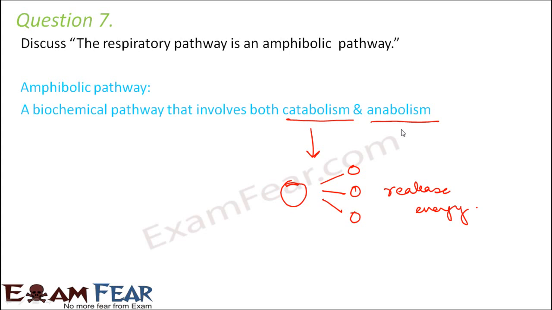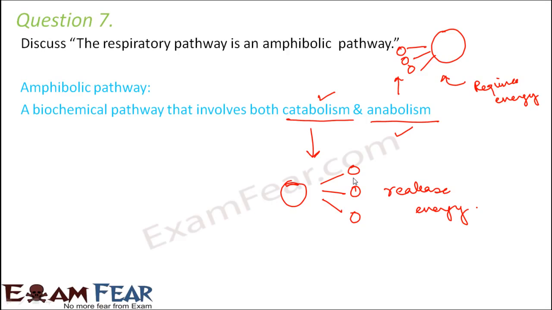When I say anabolism, I mean many small molecules coming together to form a bigger molecule, and in order for this to take place, it requires energy. It doesn't release energy, but it requires energy. So if there is any process where both catabolic as well as anabolic reactions are taking place, that is known as an amphibolic pathway.